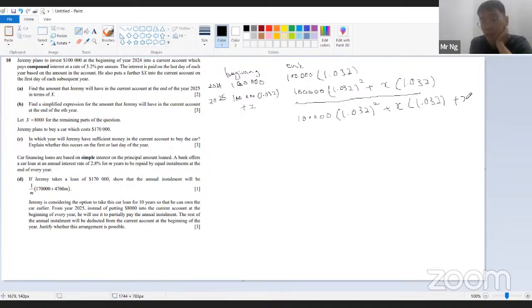Then end of the year, your whole thing times 1.032, so it becomes square, becomes cube. Okay, so this is to the third year already. First year is like that, second year is like that, third year is like that.